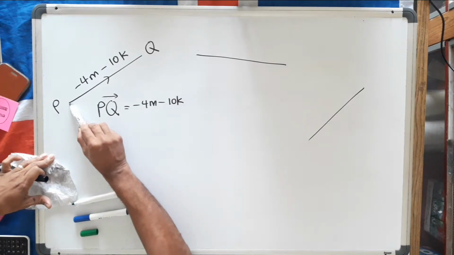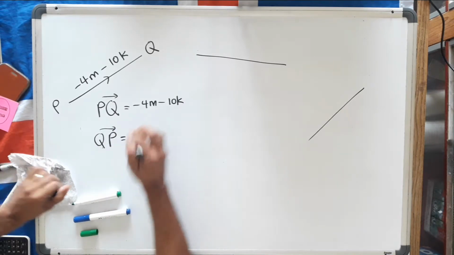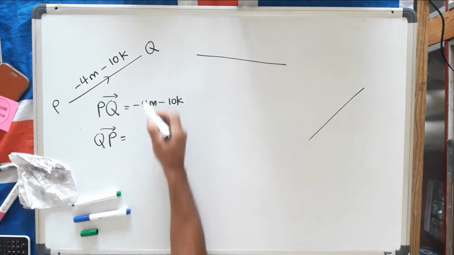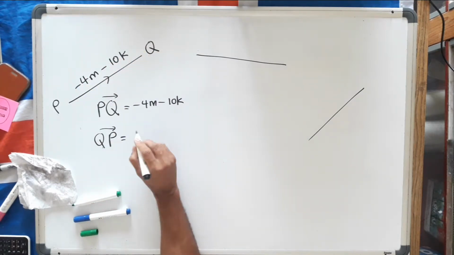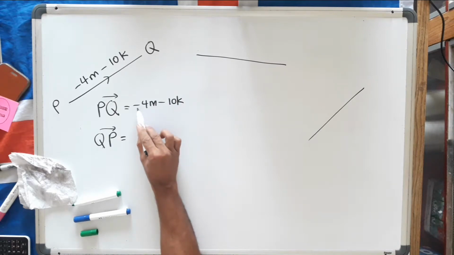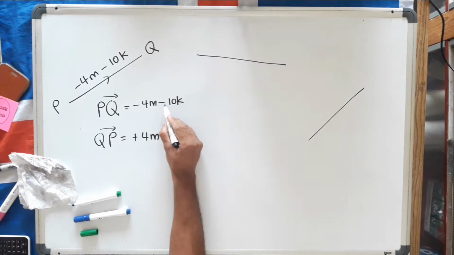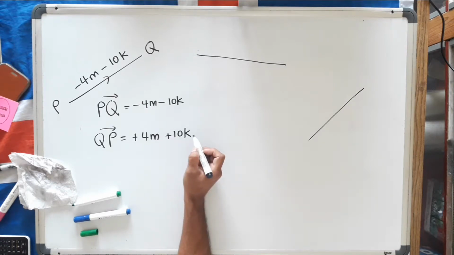So this means I'm walking from P to Q. But let's say I want to walk the opposite way, from Q all the way to P. Well, anytime you're walking against the arrow, you just have to make all these signs the opposite. So minus 4m becomes positive 4m, and minus 10k becomes positive 10k. You see what I did?